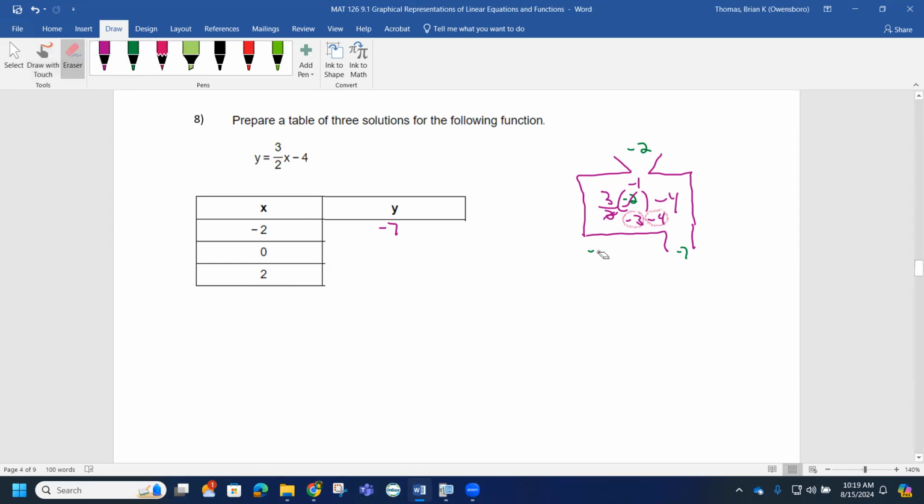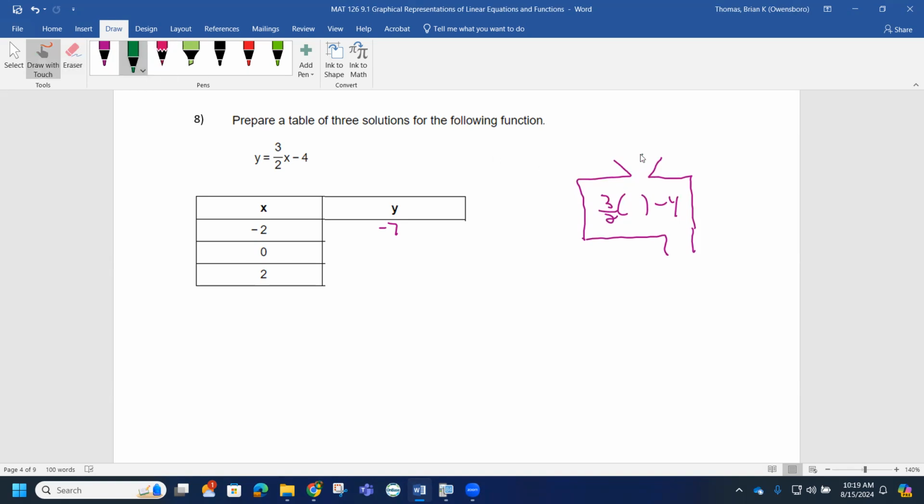So from there, we'll reload this thing. So the next thing they want us to do is substitute 0 in. So this x is going to get replaced by 0. Then all I have to do is perform the indicated operations. When you multiply by 0, this just turns into 0.